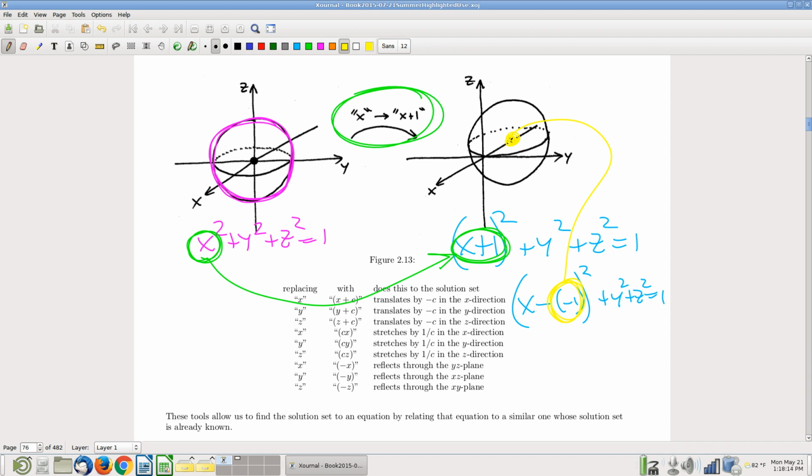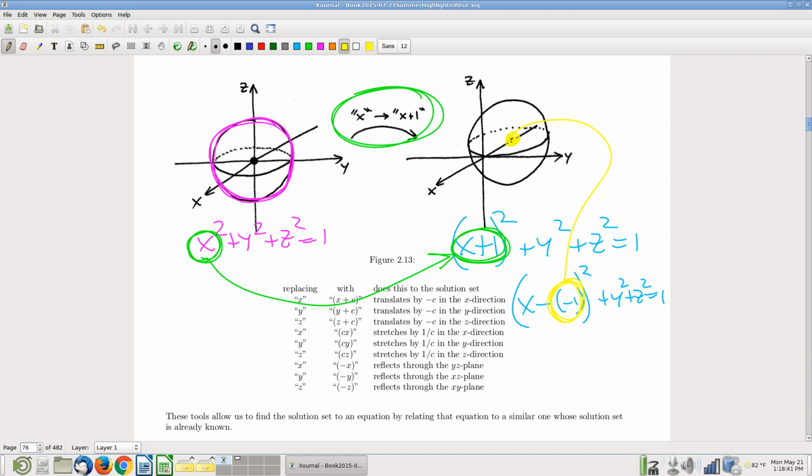Likewise, if you replace y with c times y, some positive constant c times y, it's like we're multiplying the y coordinate by c. You're going to be tempted to say, well, that's going to stretch in the y direction by a factor of c, but it doesn't. It does the exact opposite. It squishes toward the xz plane by a factor of c.